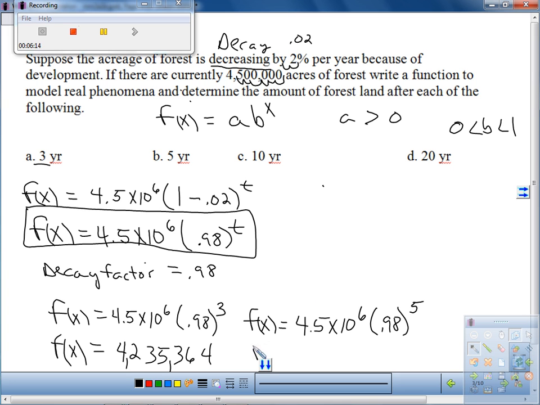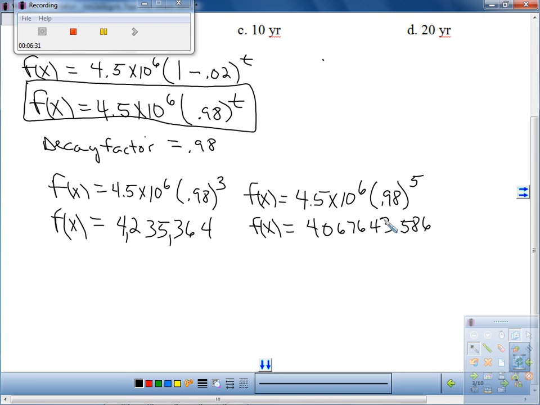Alright, and so what we see here is we get f of x is equal to this. Okay, so that's our f of x value. Now, what I want you to do is go ahead and try 10 years and 20 years and see what you come up with.